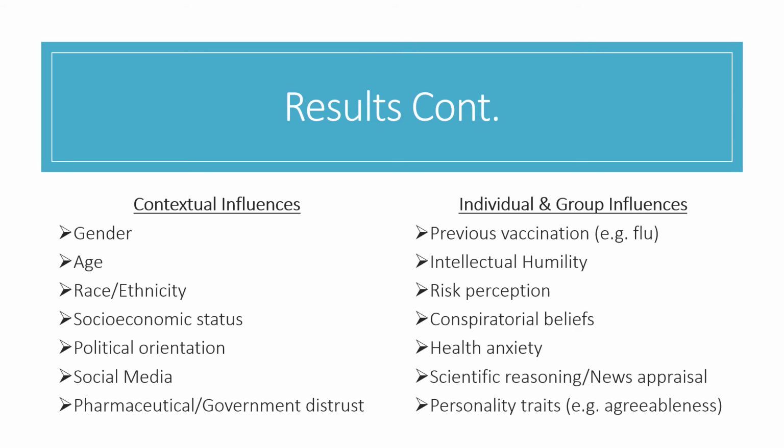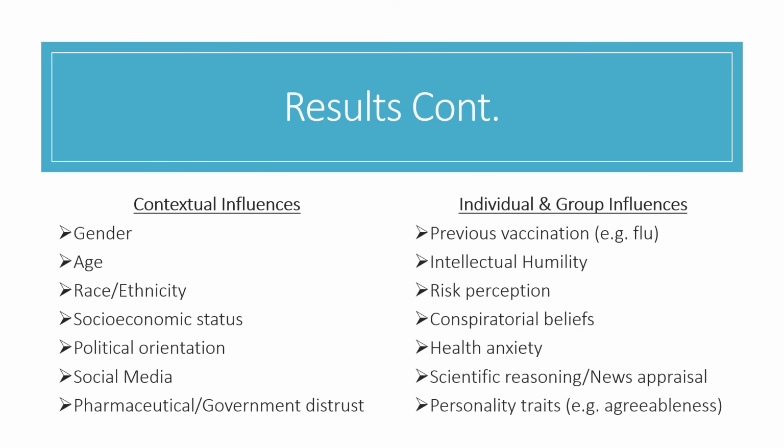And then a factor known as intellectual humility, which is essentially understanding the limits of one's intellect, was again associated with a higher willingness to vaccinate. Risk perception, whether this relates to risk of contracting COVID-19 or risk of side effects of receiving a COVID-19 vaccine, was also correlated to hesitancy.